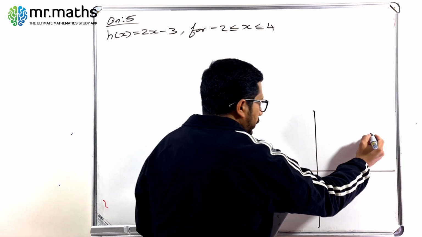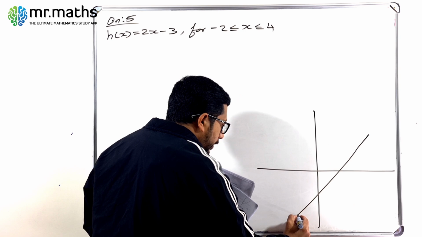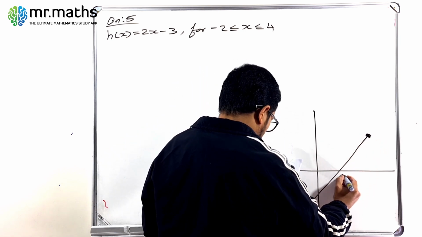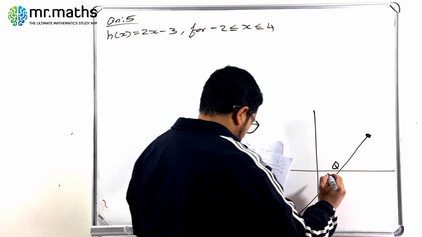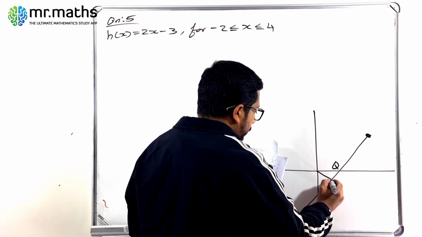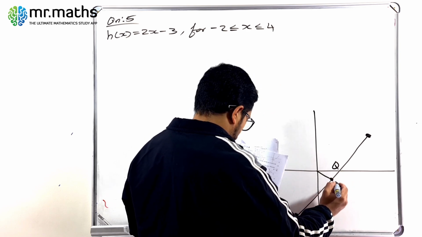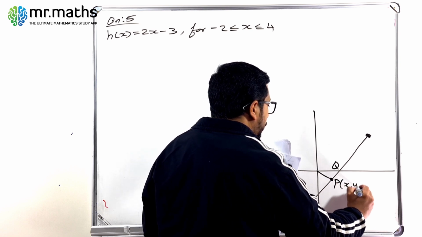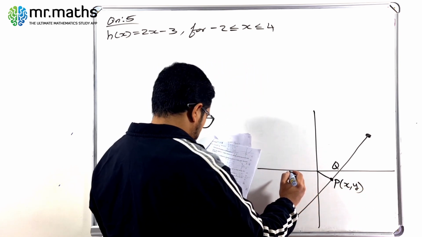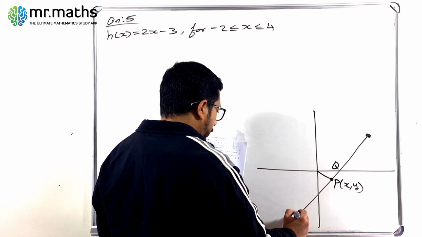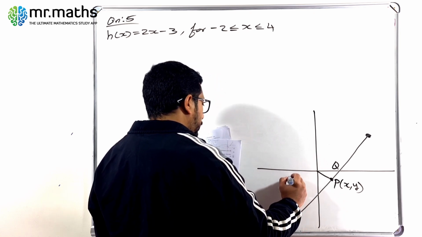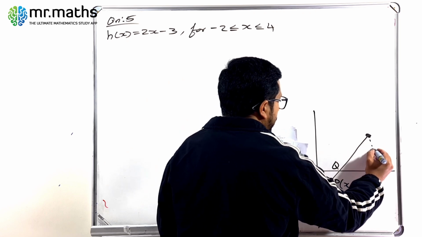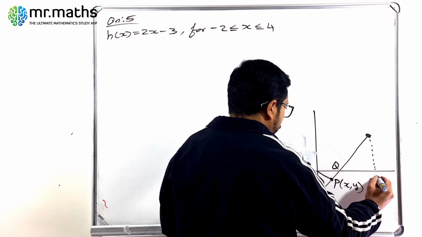Then there is a graph passing like this, and this point is q, and here a point x comma y, and here it is -2, and here it is 4.